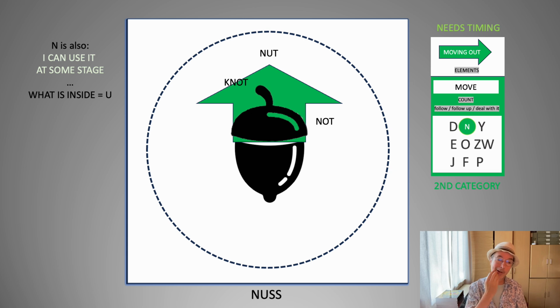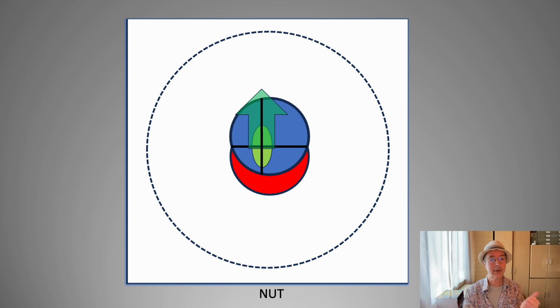So when the time is ripe, the NUSS can be taken, and it can be taken out, and will also be popped out more easily. It needs timing. And the other part, I cannot use it, of course. So the nut, what basically is the nut. The T is what I can use, as I already explained many times.